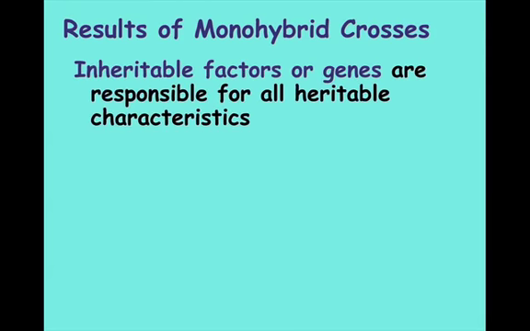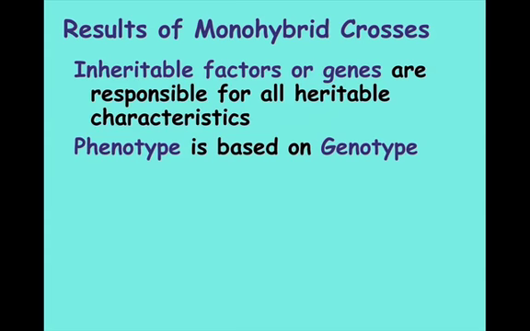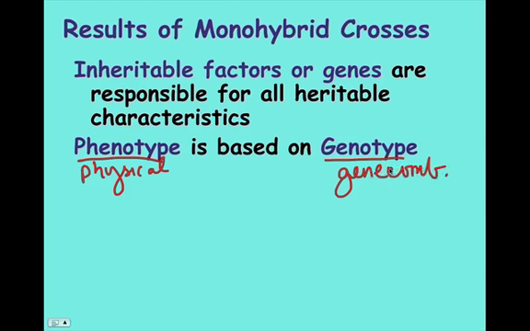Results of monohybrid crosses: inheritable factors or genes are responsible for all heritable traits. Phenotype, and if you recall, phenotype are the physical features, is based on genotype, which is the gene combination.